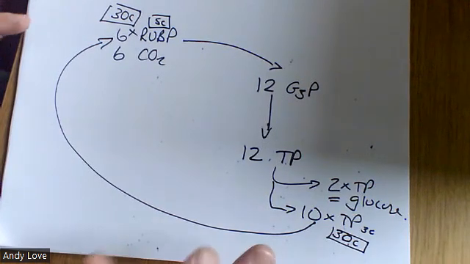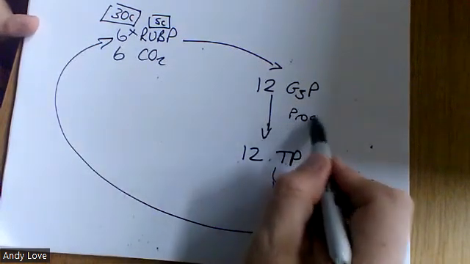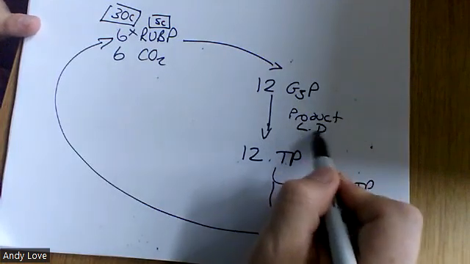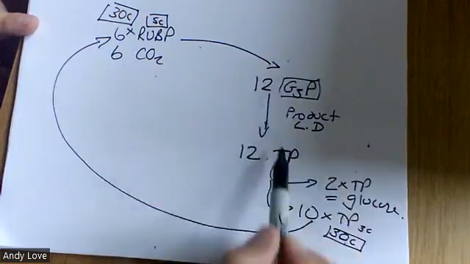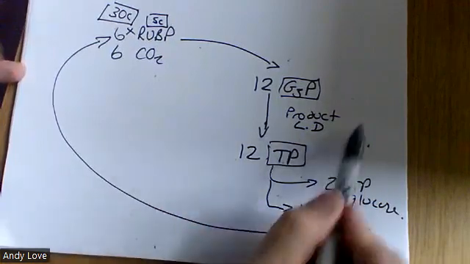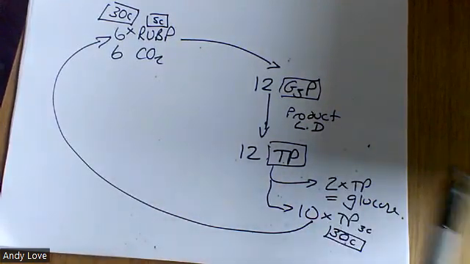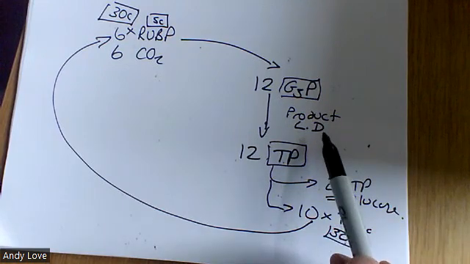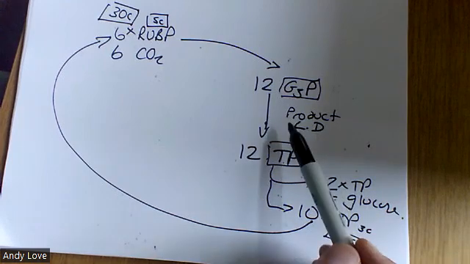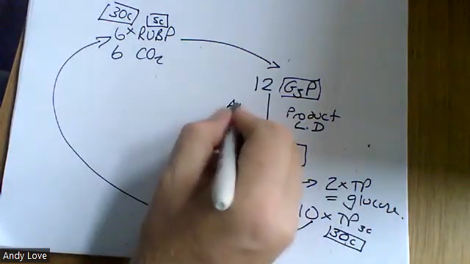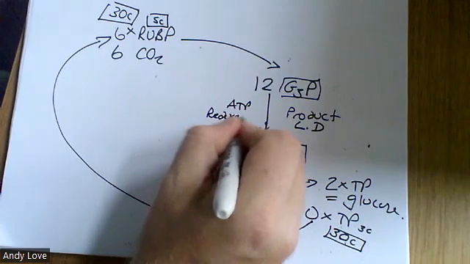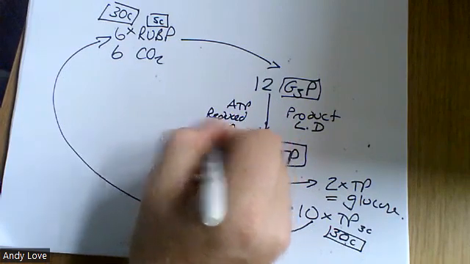What's fascinating about this is you need the products of the light-dependent reaction to turn GP into TP. And that is a major focus of exam questions. What happens when you don't get the light-dependent reaction? Because you've turned the lights off, it's called nighttime. So what happens when your amount of ATP and your amount of reduced NADP goes down?